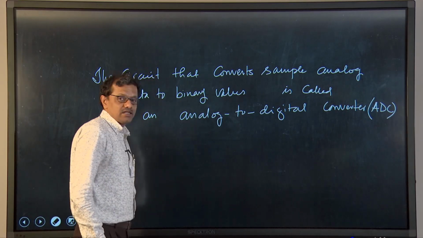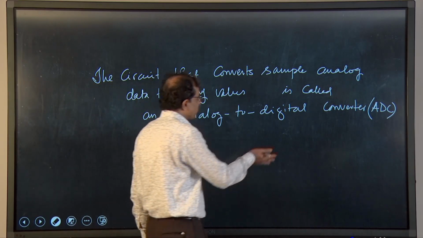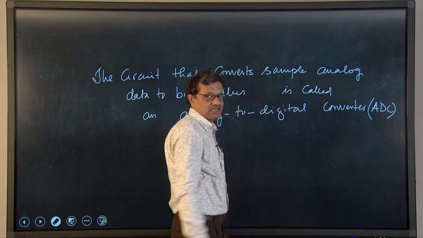So, there must be a converter to convert all analog signals into binary values. There must also be a provision to convert these binary values back into an analog signal.